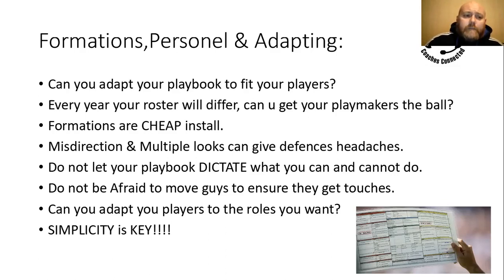How many wide receivers do you have that year? How many running backs do you have that year? How many tight ends or whatever you want to have in your particular style of offense? If you haven't got those Joes, how do you get around that? How can you make the playbook still work to your advantage?